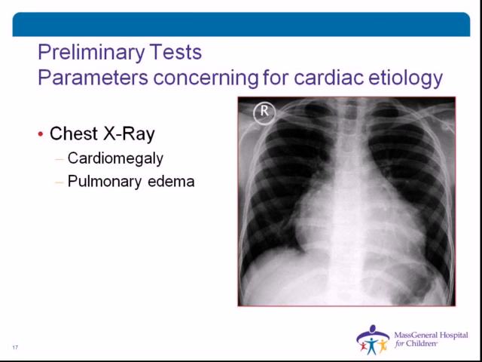There are some preliminary tests that could point to cardiac etiology, one being chest x-ray. Finding cardiomegaly may again indicate there may be myopericarditis, or ventricular dysfunction, or even pulmonary edema.